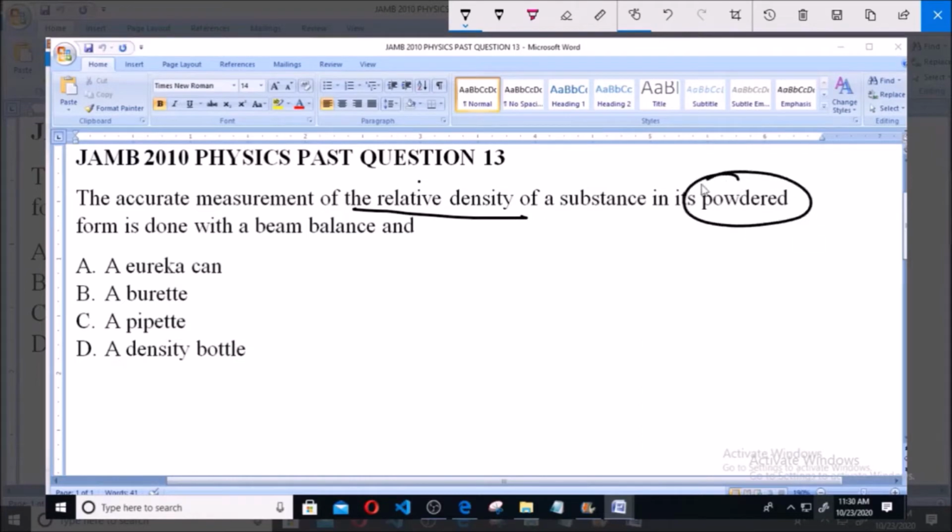Okay, now it's important to note that relative density is a function of the mass of the substance.